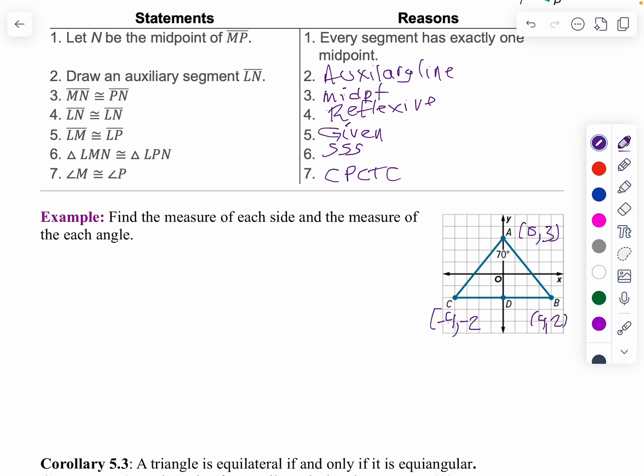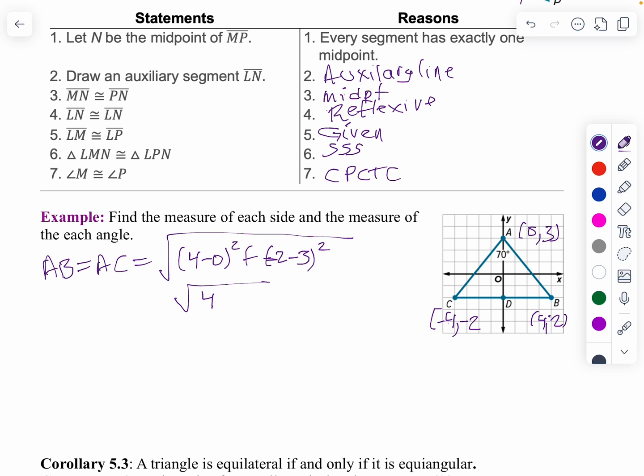Notice that when I find my distance, A to B is going to equal A to C because they are symmetric. So let's just use our distance formula here. Remember, subtract your x's, so 4 minus 0 squared plus negative 2 minus 3 squared. Actually, it's negative 2, I'll put that in there. Sorry about that. So 4 minus 0 is 4 squared.